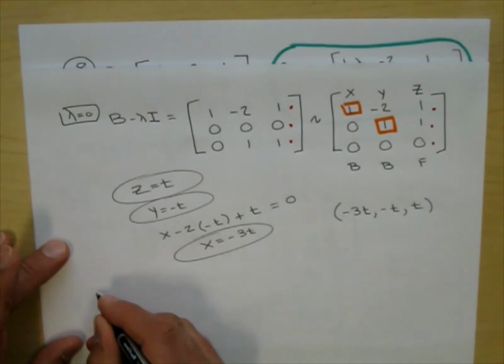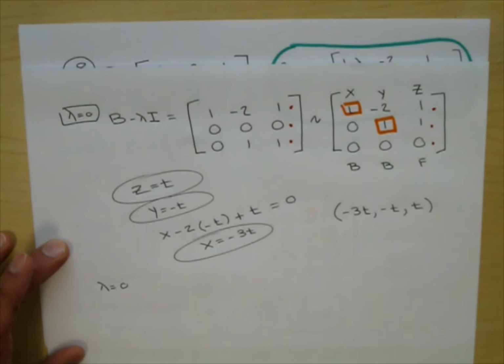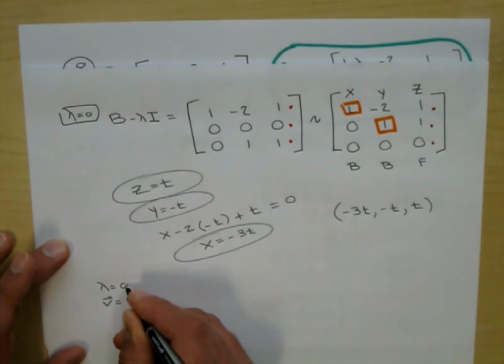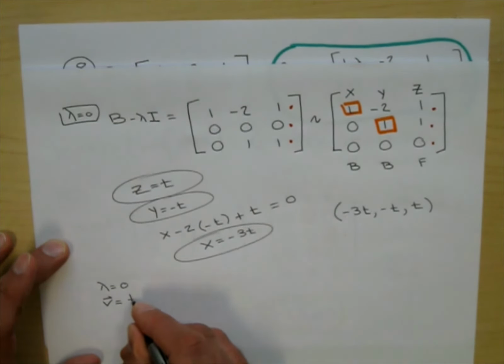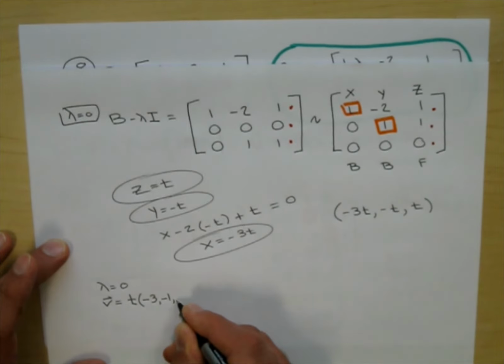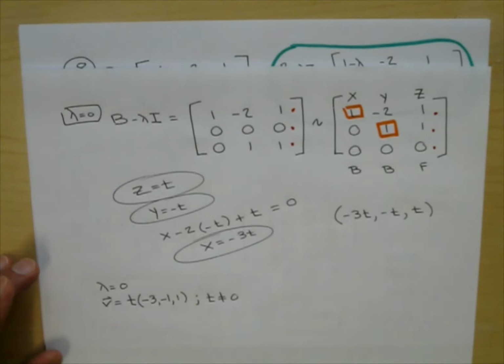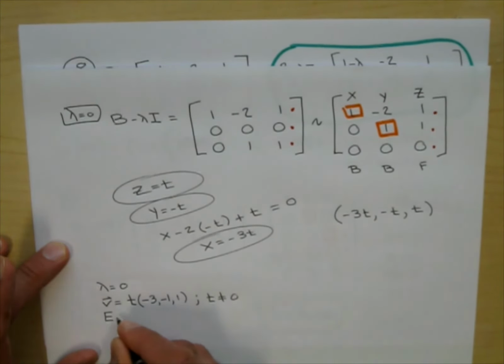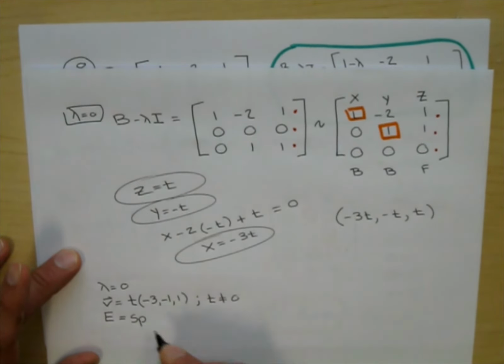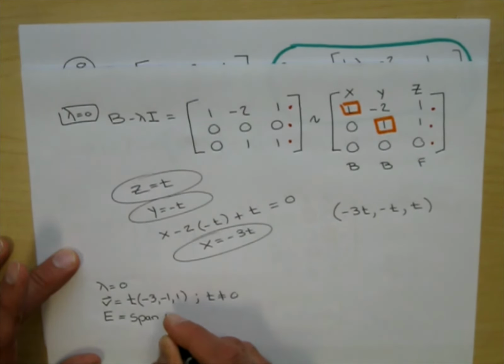So our answer then is lambda is 0. Your set of eigenvectors that go with that eigenvalue of 0 would be t times negative 3, negative 1, 1, where t does not equal 0. The eigenspace happens to be just all the eigenvectors with 0, 0, 0 thrown into that set, so it's going to actually be the span of negative 3, negative 1, 1.